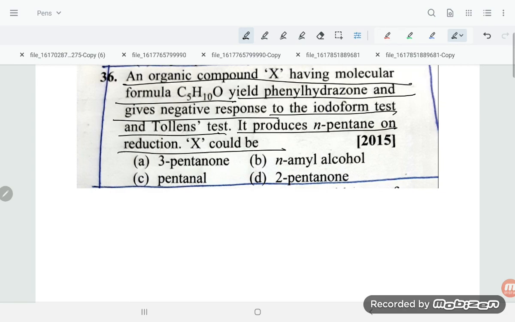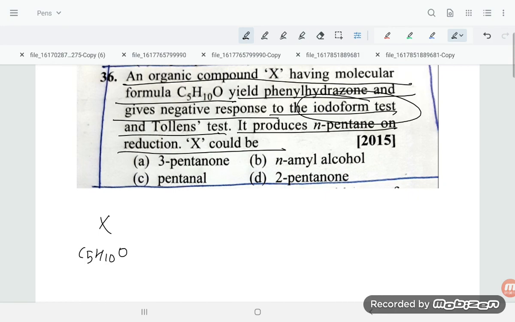So what is X, having molecular formula C5H10O, yielding phenyl hydrazone and giving a negative response to iodoform? This is not giving the iodoform test, which means it does not have the methyl carbonyl group.